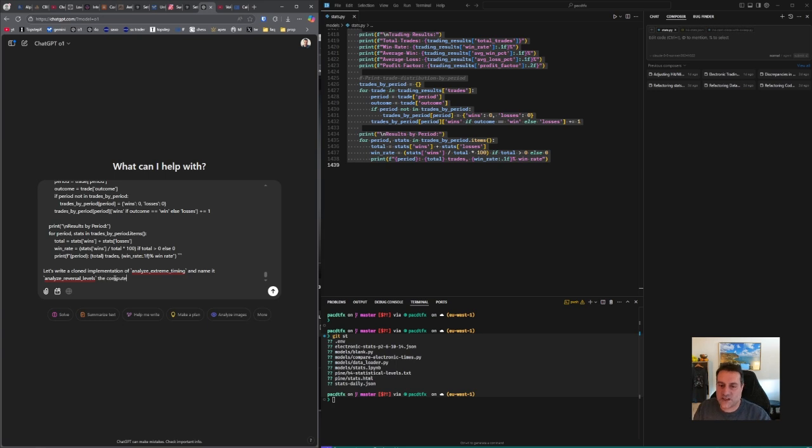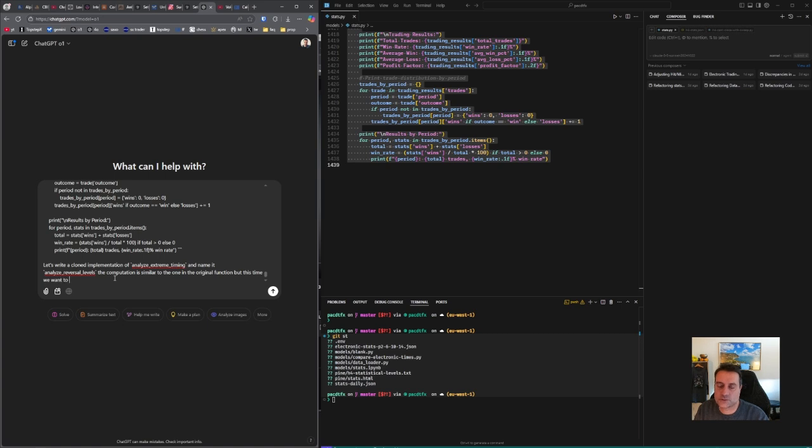The computation is similar to the one in the original function, but this time we want to plot 3 bar charts of curves that should represent the following.